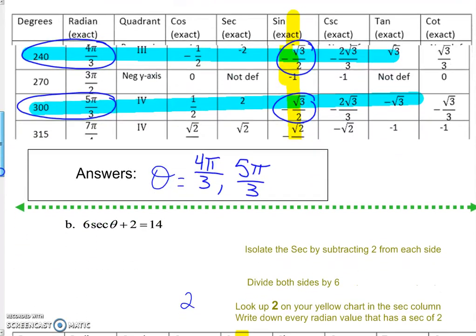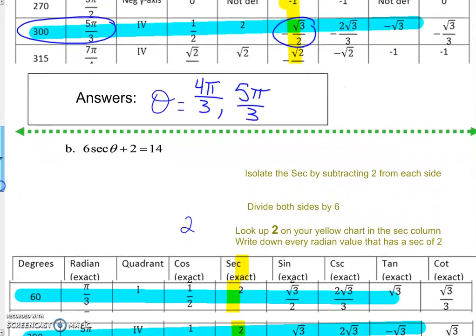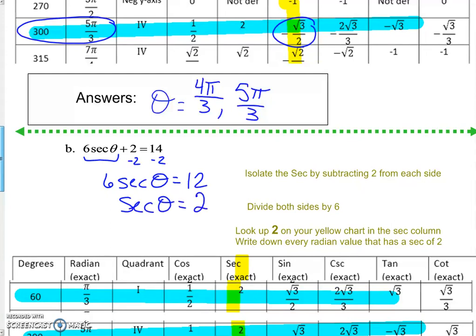All right. Next problem. Again, we want to isolate this secant this time. So I want to start by subtracting 2. So I have 6 secant theta equals 12. Divide by 6, and we have that secant of theta is equal to 2.